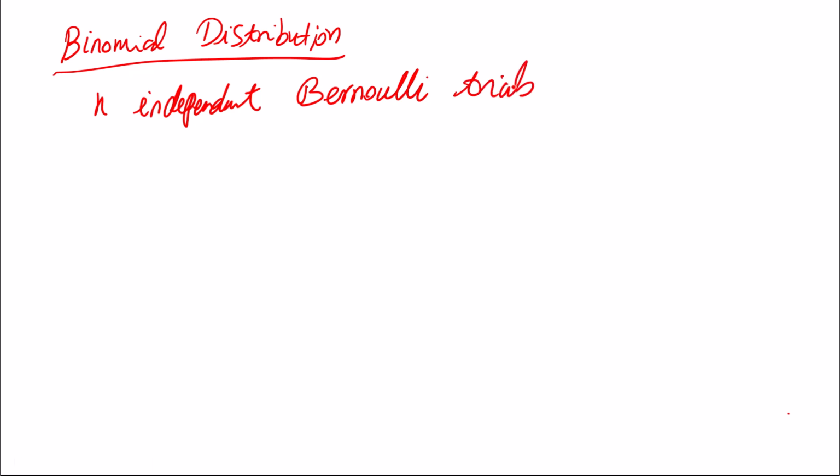Binomial distribution models the number of successes in n independent Bernoulli trials. Here, we have two outcomes, one as success and 0 as failure.